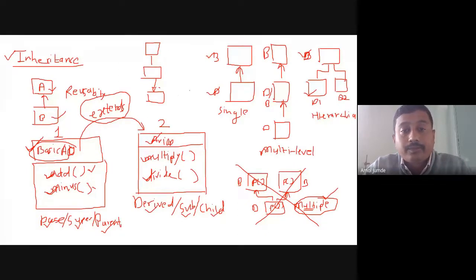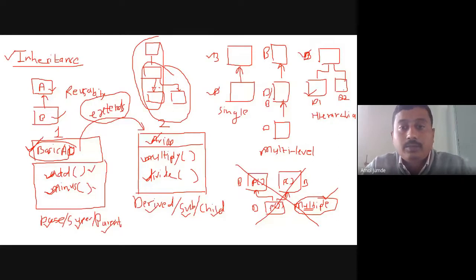And like this. So this part is having multi-level inheritance and this is having hierarchical inheritance. So a combination of these inheritances is known as hybrid inheritance. We'll talk about this in detail.